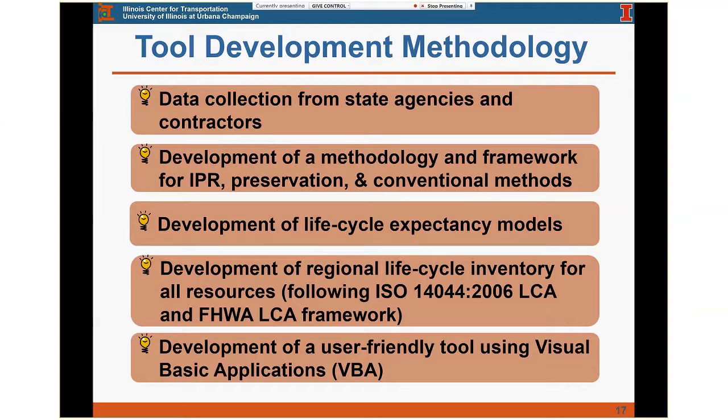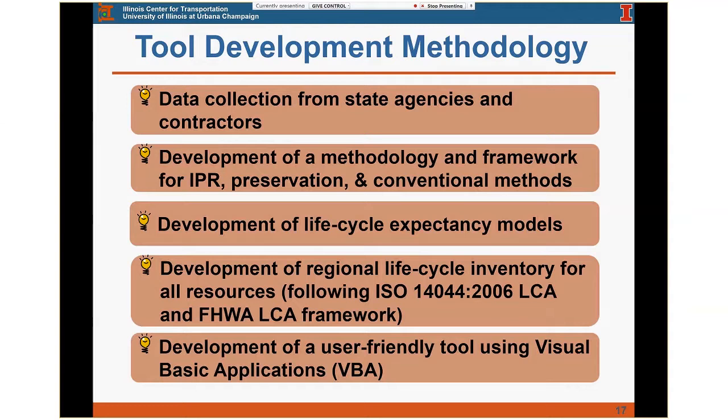Then we have to develop some models to look into the life cycle expectancy, based on developing models, as well as, when data is not available, talking to the agencies based on questionnaires we send them.